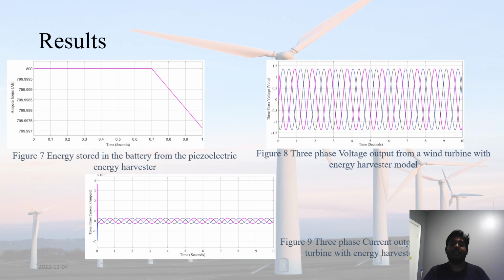From figure 7, we can see that the ampere hour value obtained from the piezoelectric layer for the specified specifications was around 800 ampere hours, and the three-phase voltage and three-phase current values obtained at the end of the wind turbine are as follows in figure 8 and figure 9.